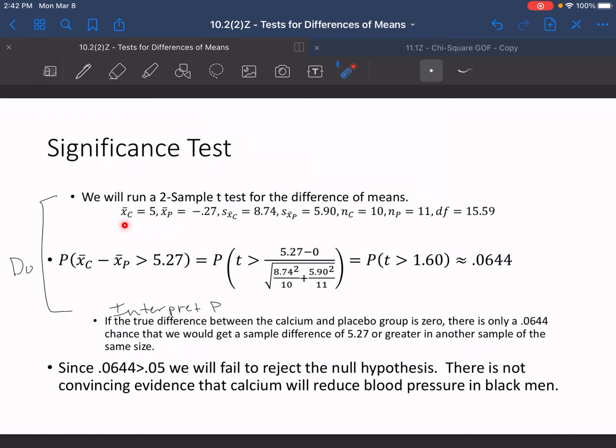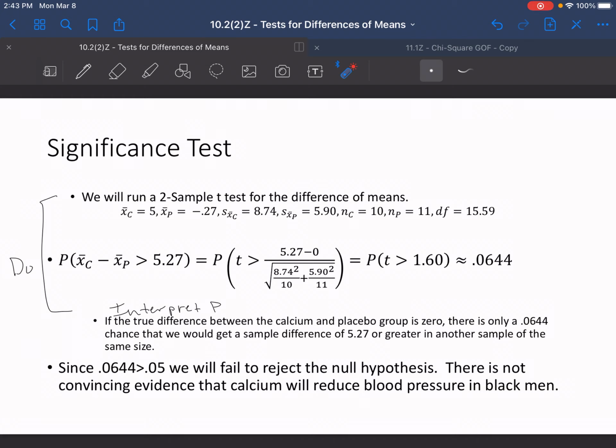If the mean of C is 5, and the mean of the placebo is negative 0.27, then 5 minus negative 0.27 gives us a mean difference of 5.27. So that's essentially what we're checking for: that we would have a 6.4% chance of getting a sample difference of 5.27 or greater in another sample of the same size.